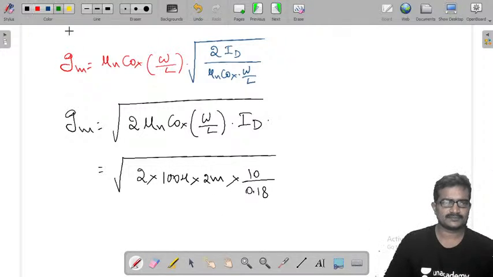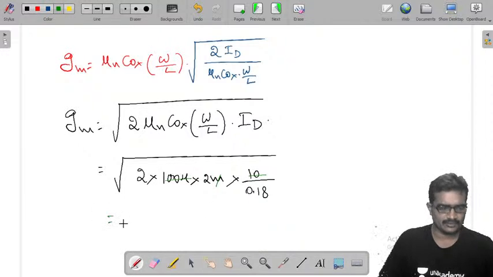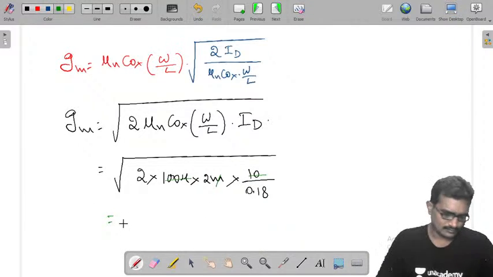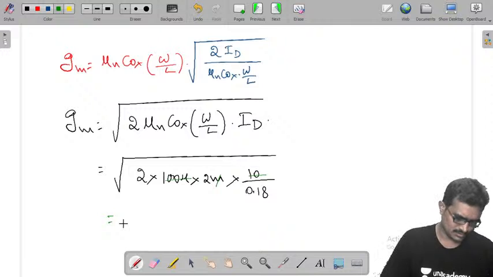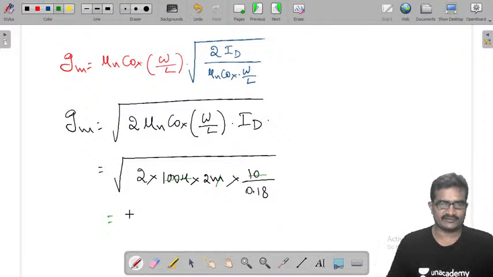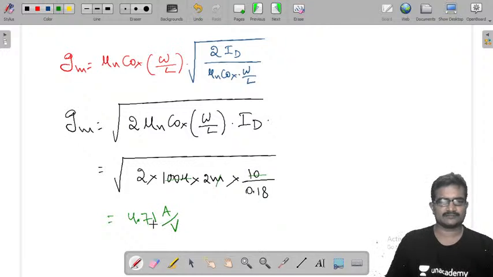Now this micro, this milli gets cancelled. 4 by 0.18 square root of, 4.71 amps per volt. This is the transconductance.